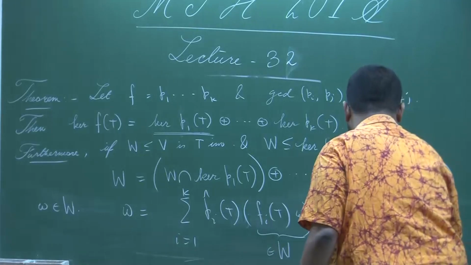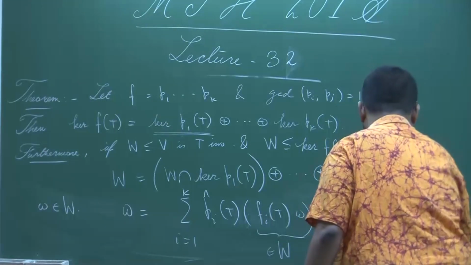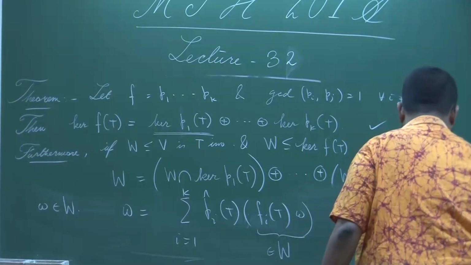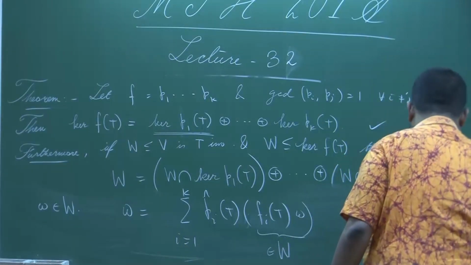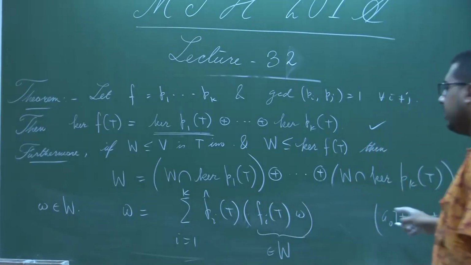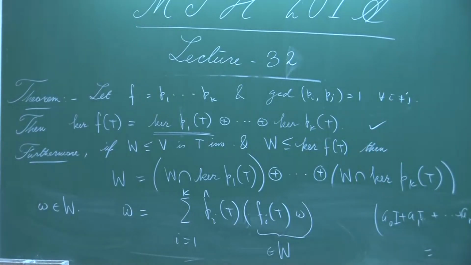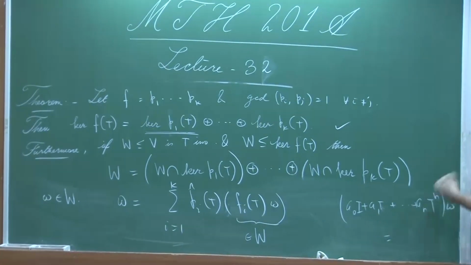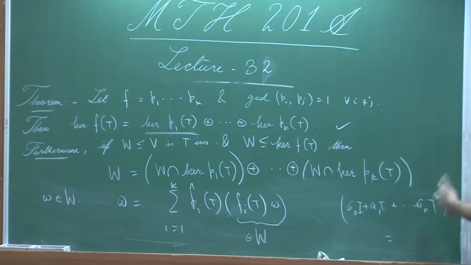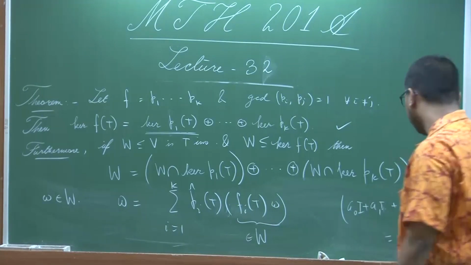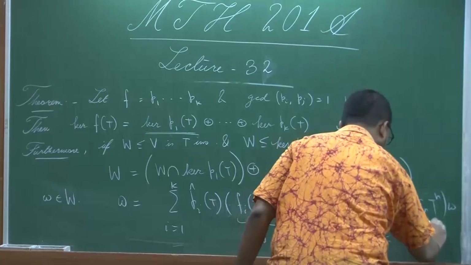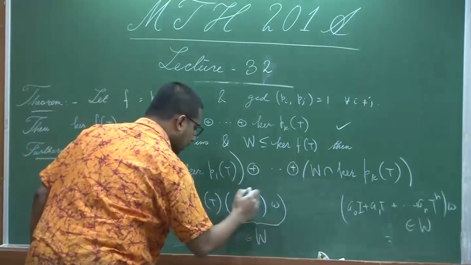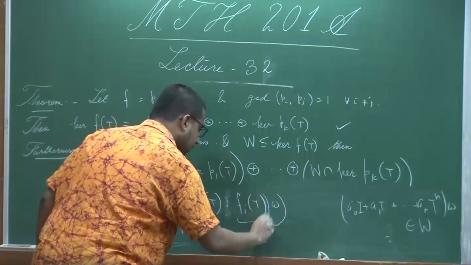If you have a polynomial a0 I plus a1 T plus up to an T to the power n, then you apply that on W. Since W is T invariant, T w for any w goes inside W, therefore T squared w also goes inside W from the T invariance. So, you see that this lies inside W as well for any polynomial. So, therefore, better that you put it in this way.